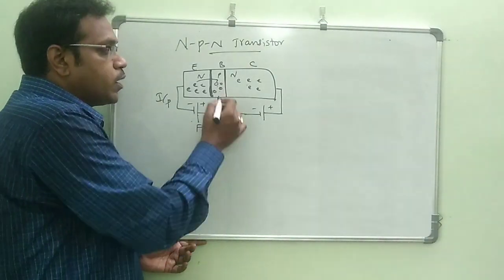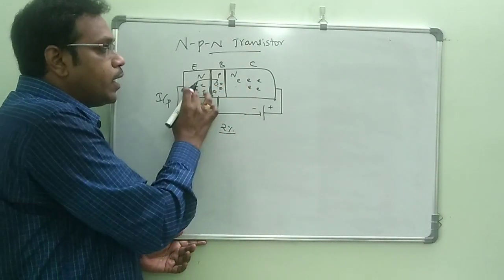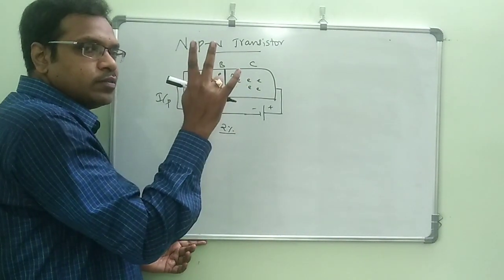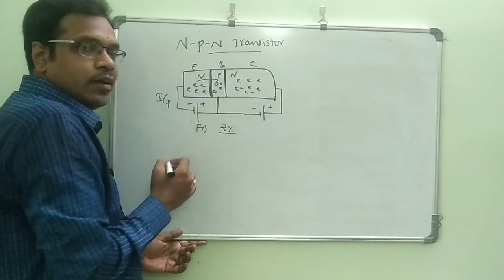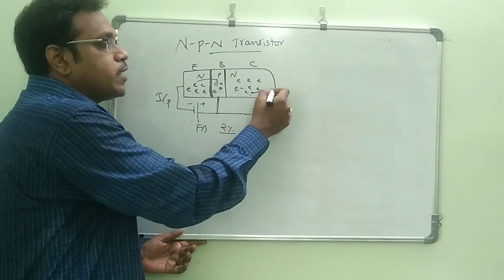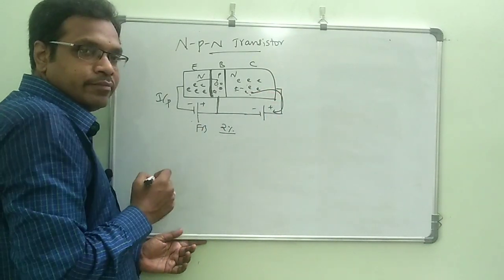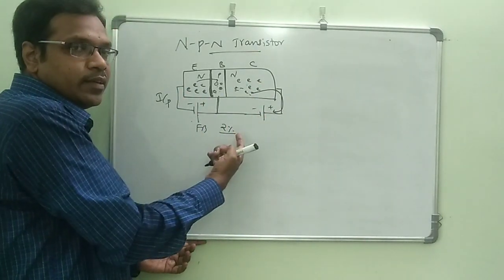Of those, 2 will combine with the holes and the remaining 8 will come to this side. The 8 electrons will now be attracted towards this battery, because once the electrons start, they should reach the end point.